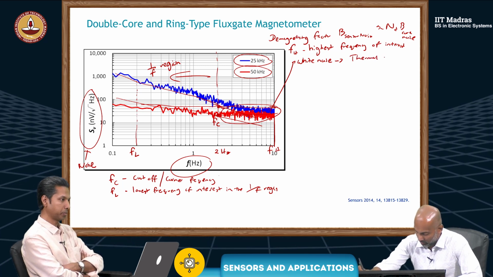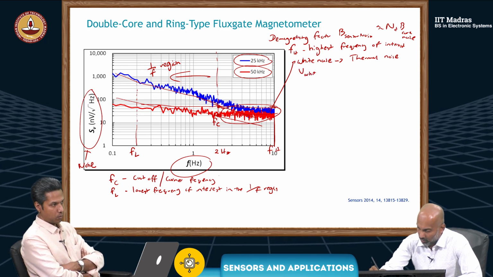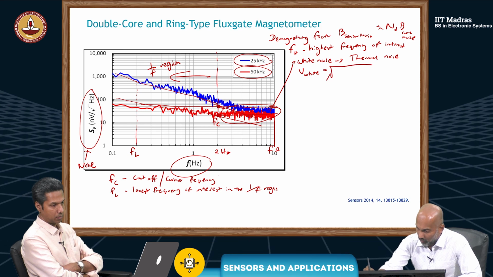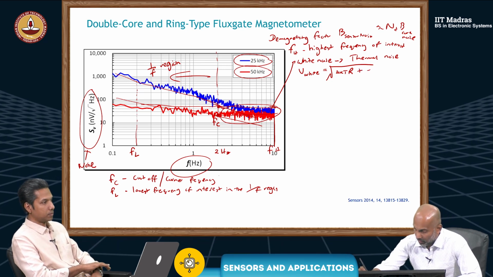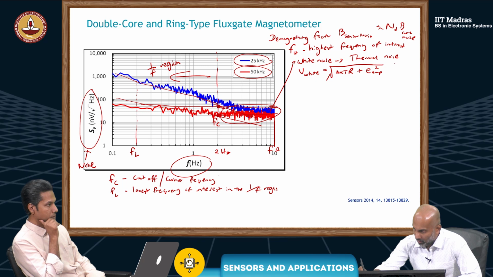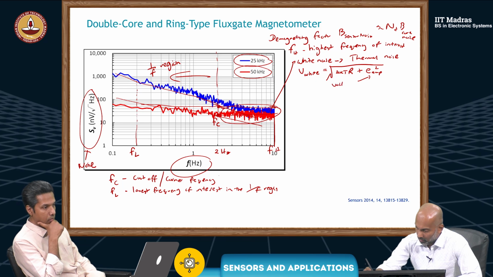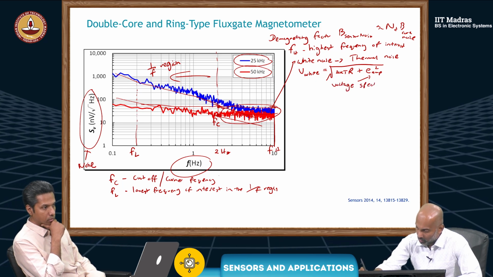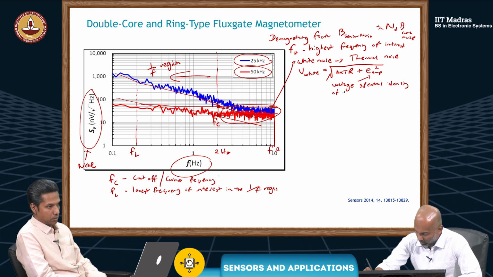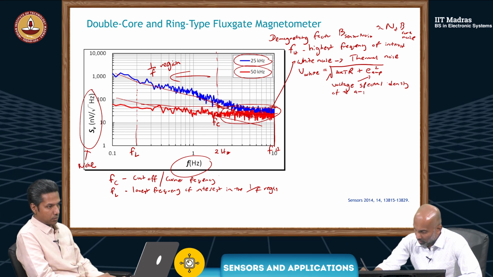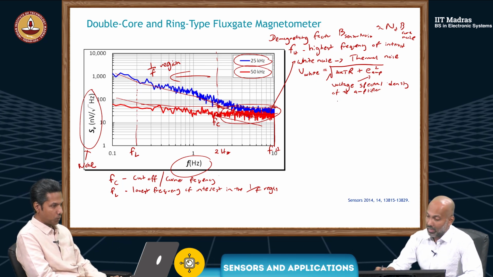Now the thermal noise, if you call it white, is, we already know, 4kTR, plus the voltage spectral density of the amplifier. Remember in the search coil part, which you already analyzed this. We know what this is.